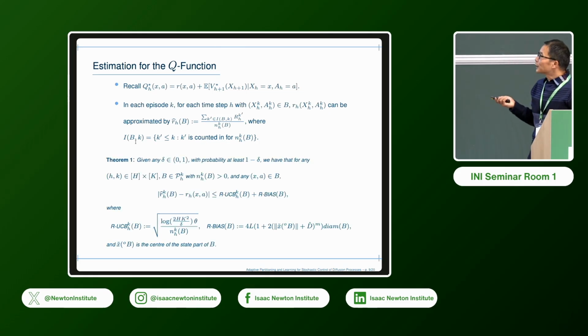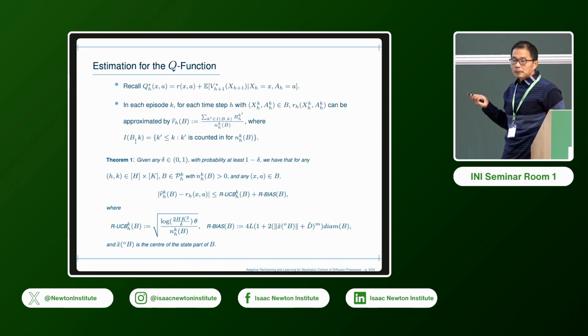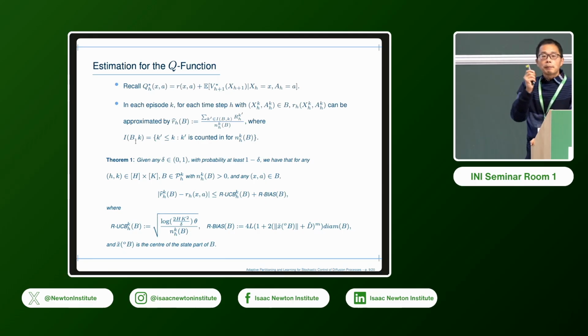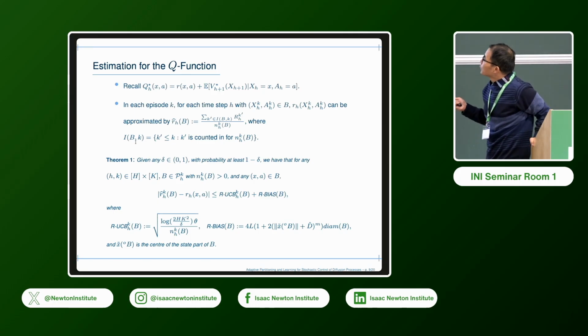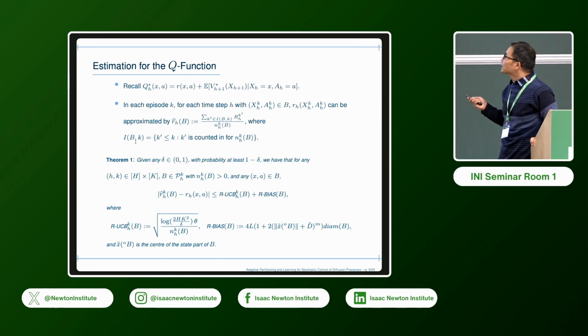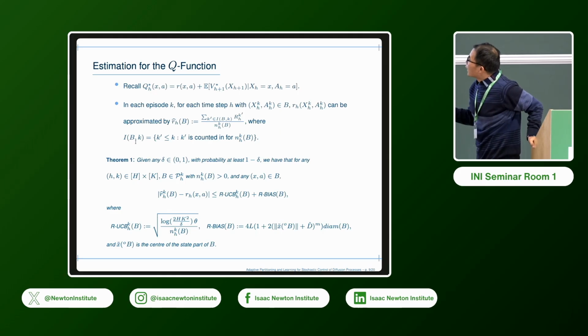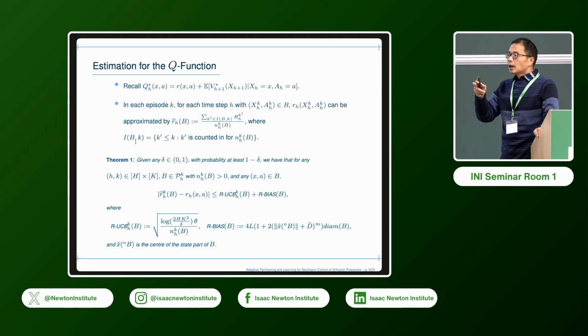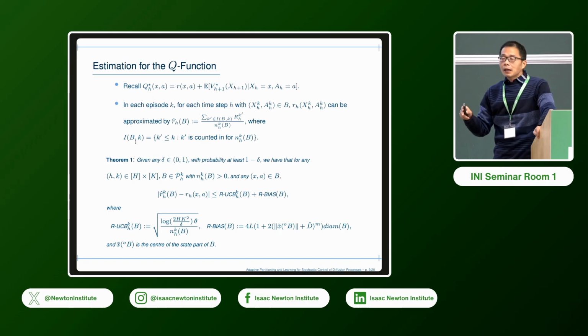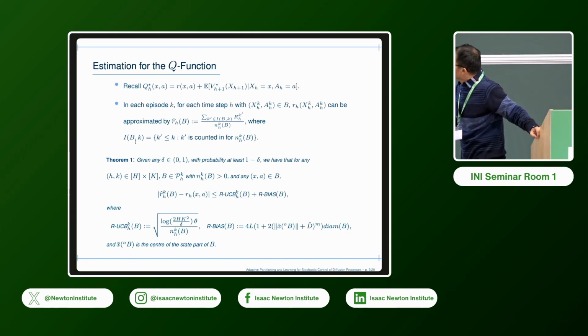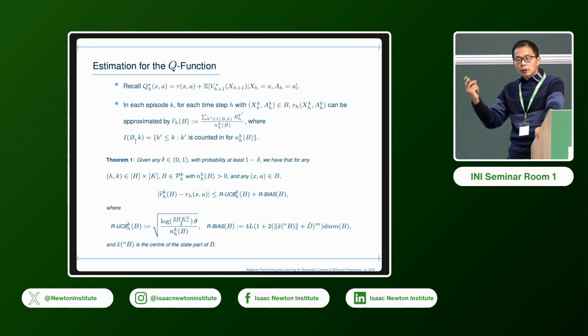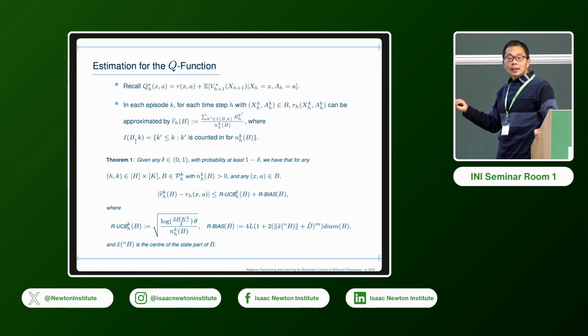But fortunately we have this upper confidence bound. Given any small probability delta, we can have at least probability 1 minus delta, such that for any episode, any time step h, and any block with strictly positive visitation counts, the error of this estimation is bounded by these two terms.